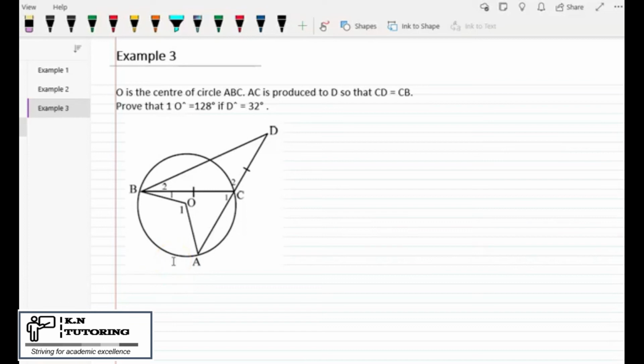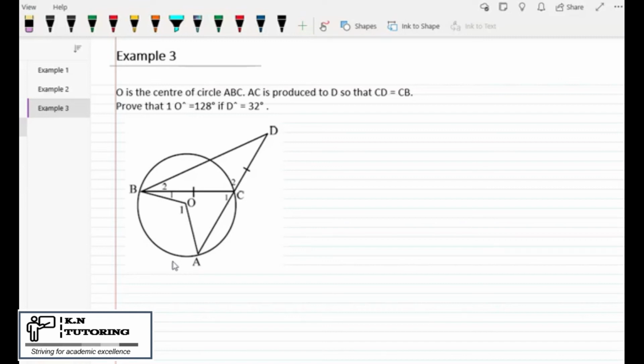Okay, grade 11s, let's look at example 3. And as mentioned, we're going to start by reading firstly the love letter, your problem statement, and then we will link that to what is there on the diagram and see what is required of us.